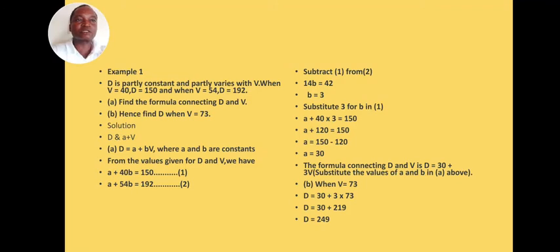So this is the mathematical relation of partial variation that you must understand. Now the next thing that we do is to substitute these values that we have been given.